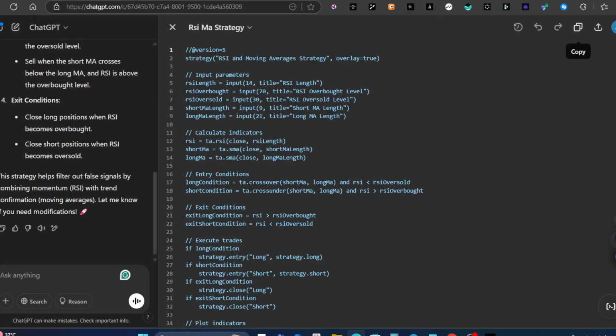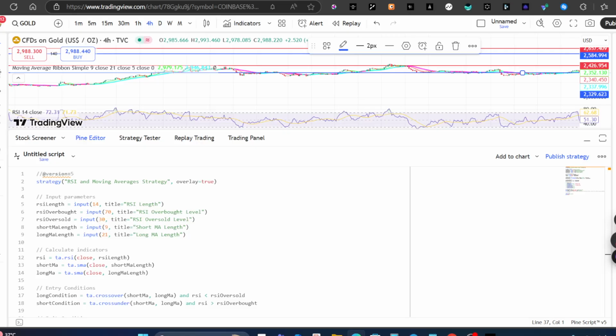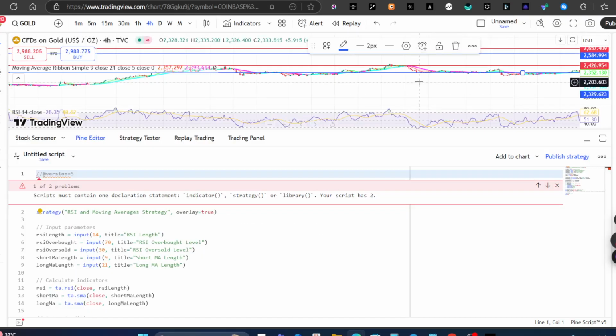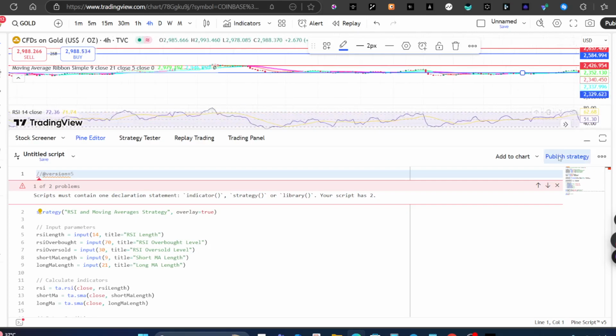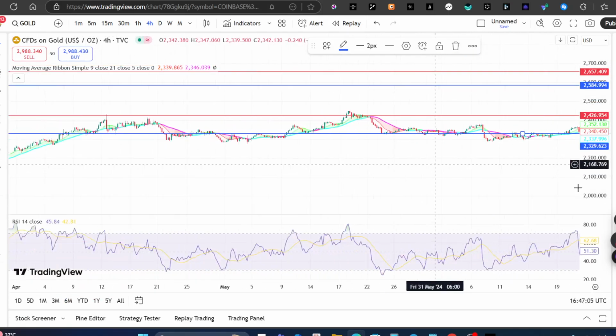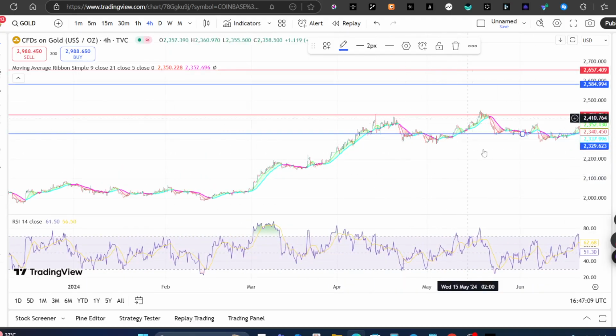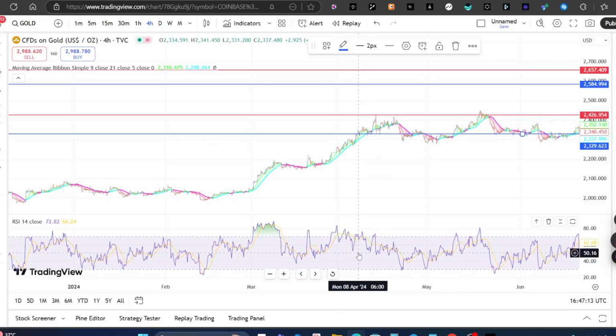We have pasted it in there. So after doing that, you click add to chart. So basically, that is if you want to go through that automation process.